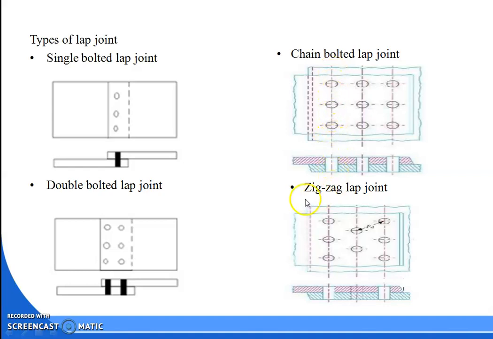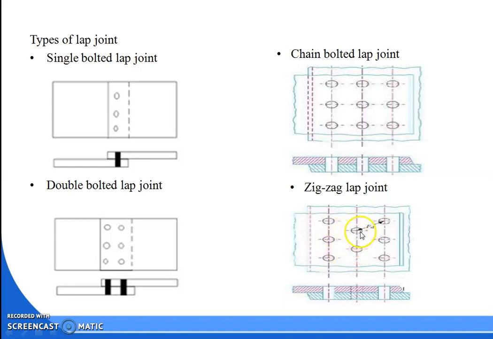Okay. So next one is your zigzag lap joint. Here the columns are provided with an irregular number of bolting connections. That means you can see here one column with 3 bolts, and the next column is provided over here.